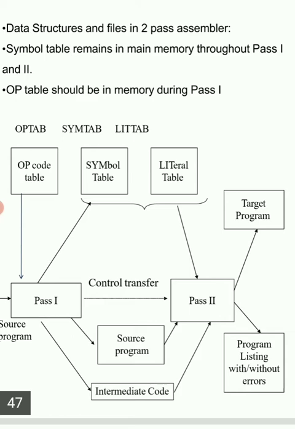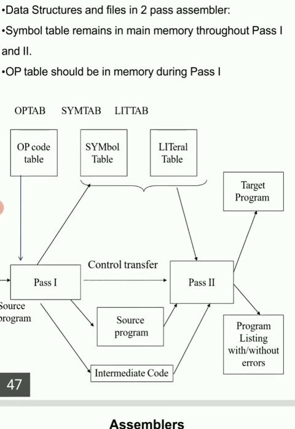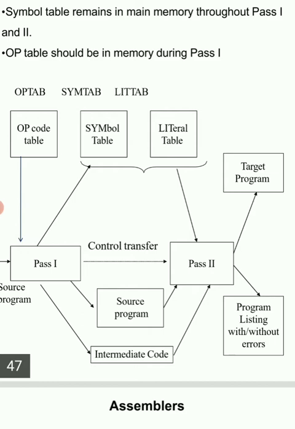So you can see here, when we use data structures and files in a pass assembler, we use the opcode table, symbol table and literal table. At the output you will get the target program.